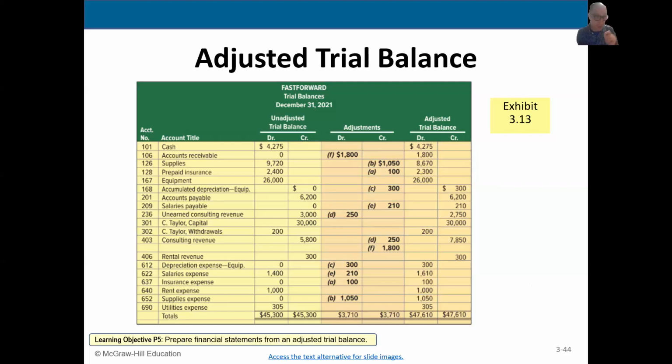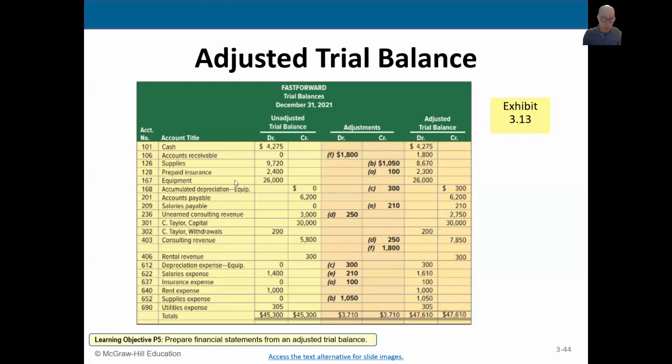This helps us prepare the income statement and balance sheet. Because you can see at the top here, accounts 101 through 403 are all balance sheet accounts. 406 through 690 are all income statement accounts.